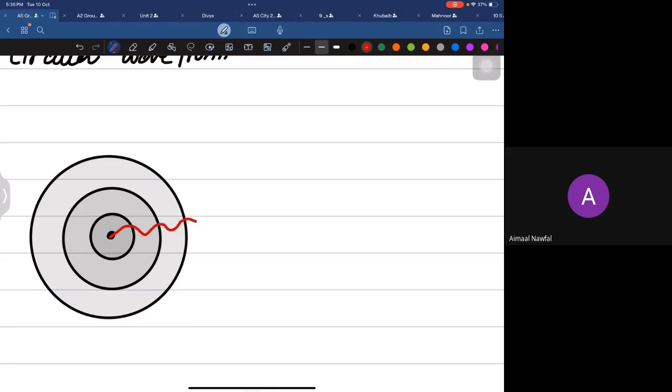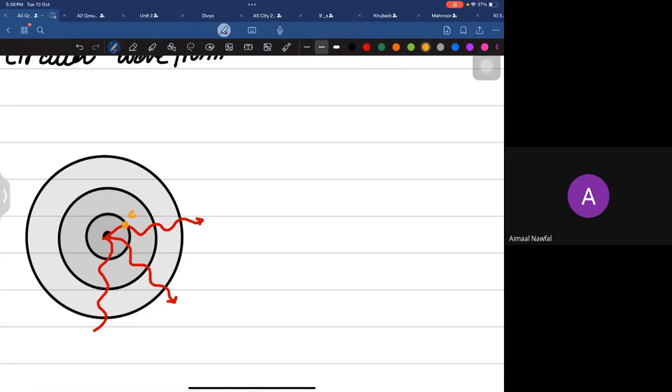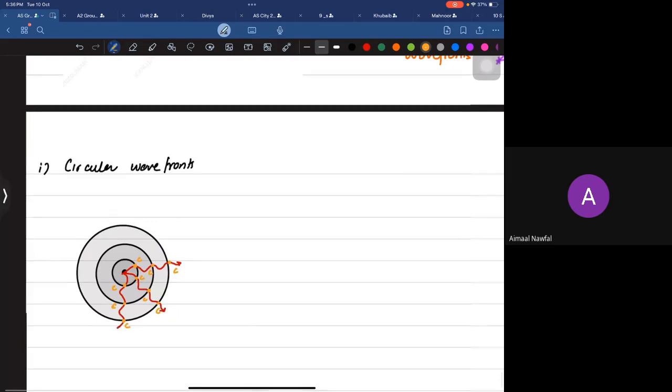They're going in all directions, like this. It's actually the same thing. The crests are now here, here, and these crests are together in phase. That's why when you connect these, they make a circle. These are also crests, and these are also crests. You can connect the crests which are in phase, and they join together to make a circular wavefront like that. Okay.